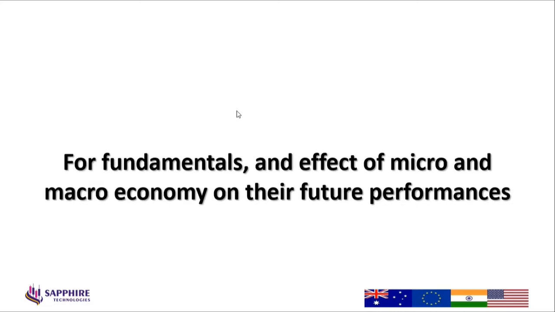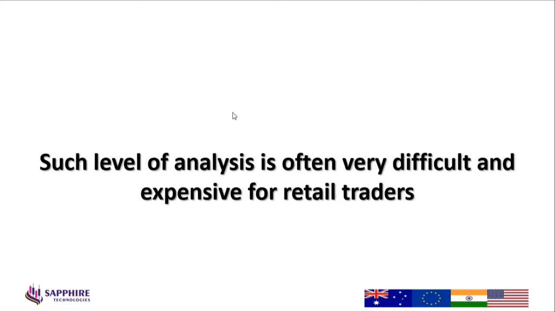So what happens is, because the smart money has expert information or expert knowledge of their decisions, they have a better understanding of where the stock is headed in the longer or short term.